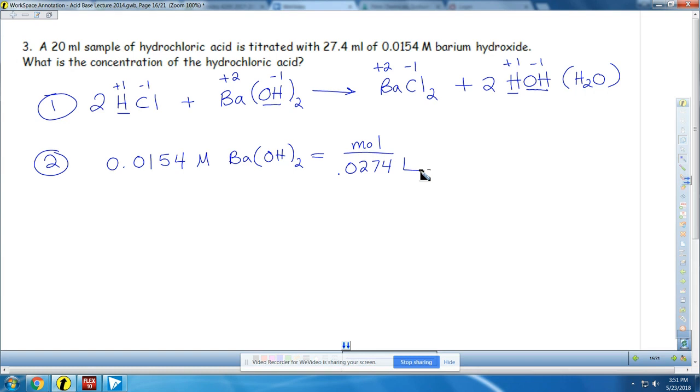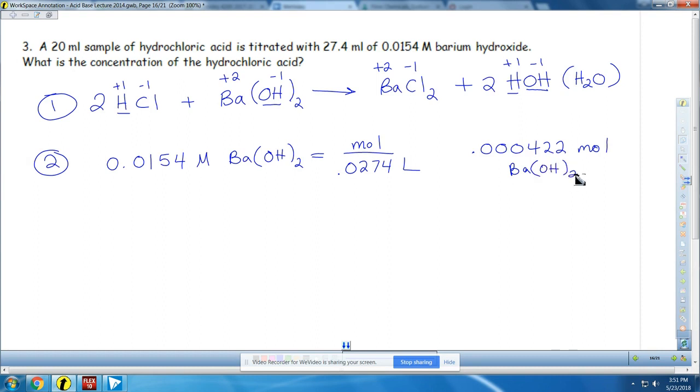We cross multiply. And let's see here. 0.000422. That's moles of barium hydroxide.